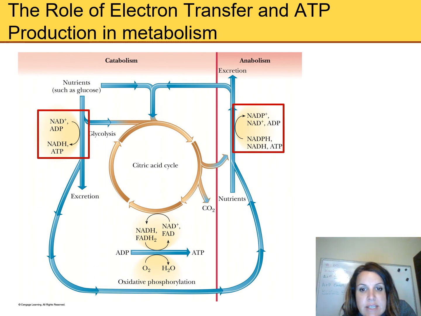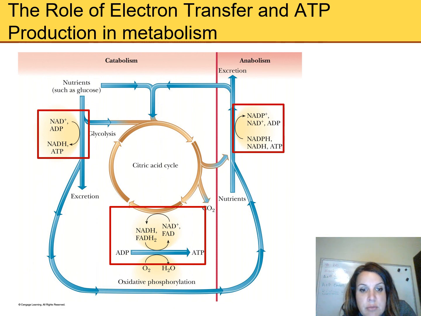So you see that ATP is hydrolyzed to ADP, NADH is oxidized to NAD+, and then NADPH, which I haven't talked about. And then finally, you see a coupling of reactions in the citric acid cycle.